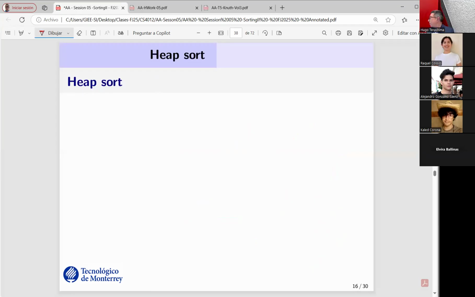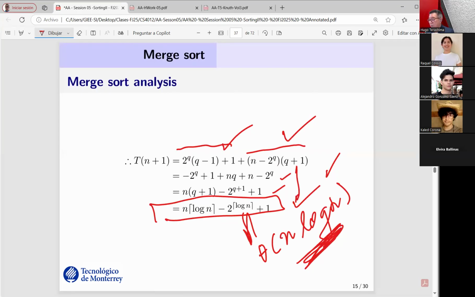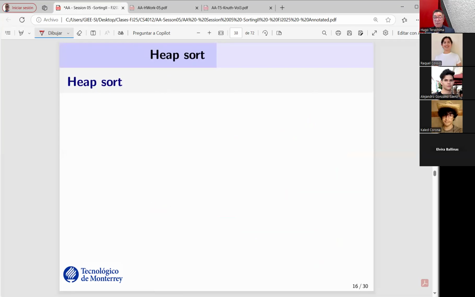What is the problem with the merge sort? What's the problem you see with the merge? The complexity is okay. I mean, it's n log n. It's an optimal algorithm, right? But what is the problem that you may face with the merge sort?